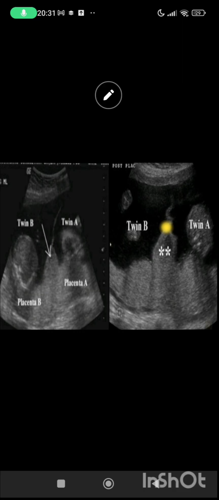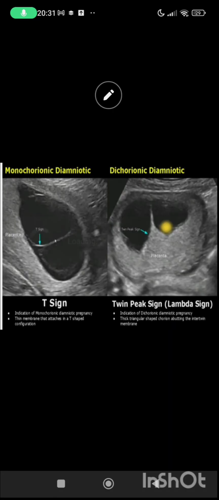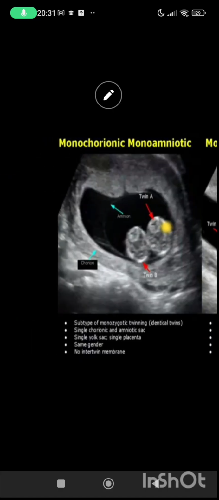So more complications are seen in which type? Monochorionic diamniotic. There was no separation in which type?